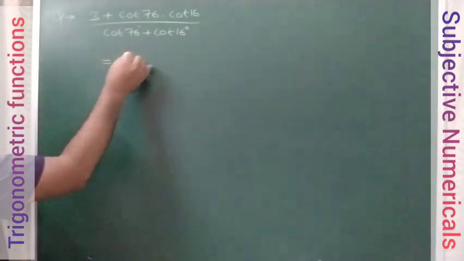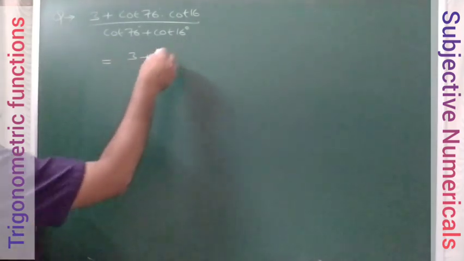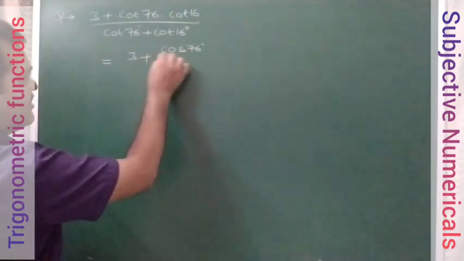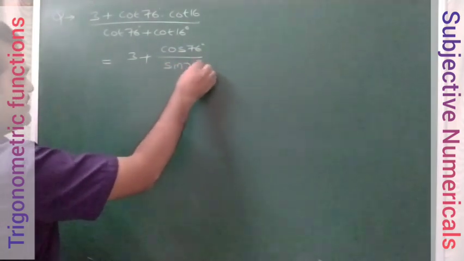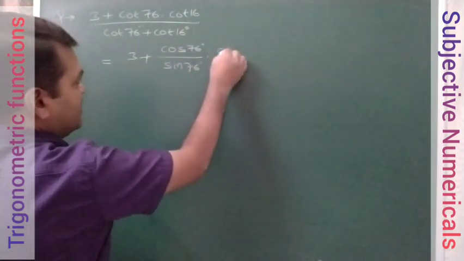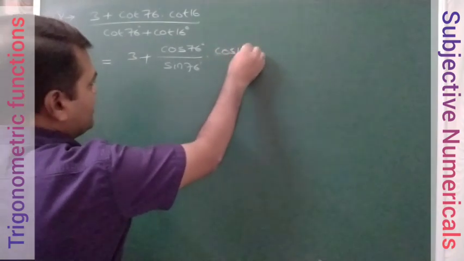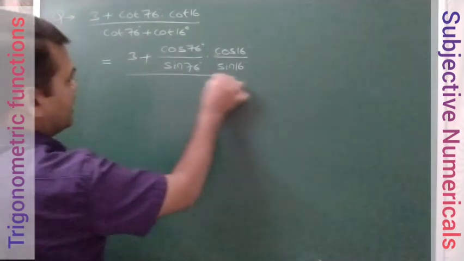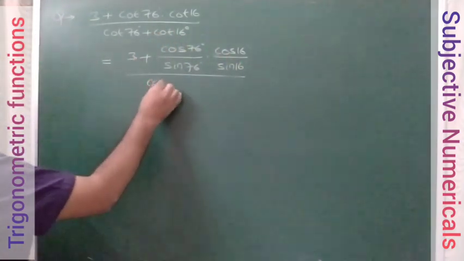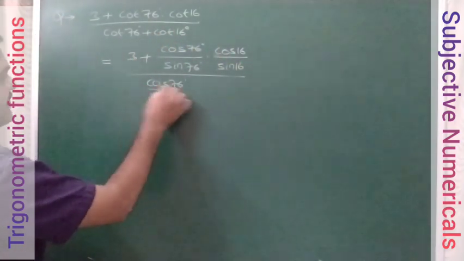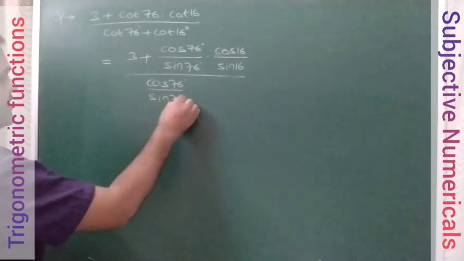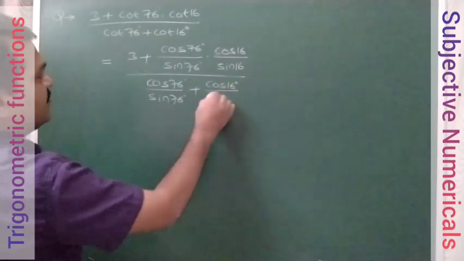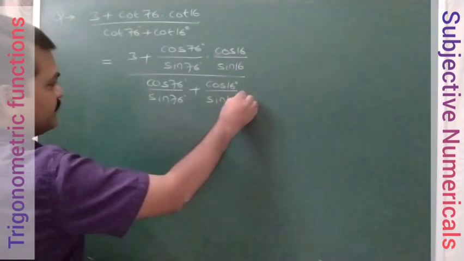So let me write this as 3 plus cot 76 is written as cos 76 by sine 76, and cot 16 same, cos 16 by sine 16. So coming to the denominator also same, cos 76 by sine 76 plus cos 16 by sine 16.